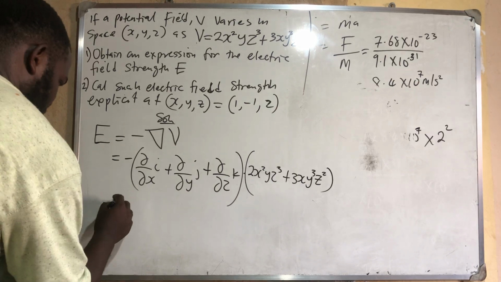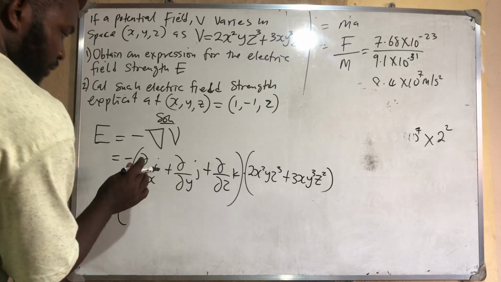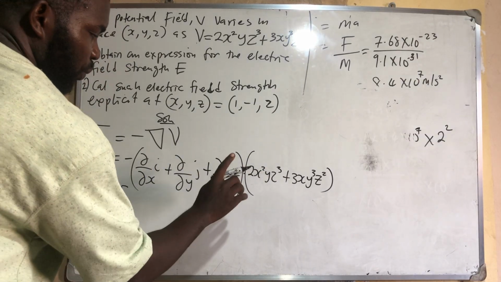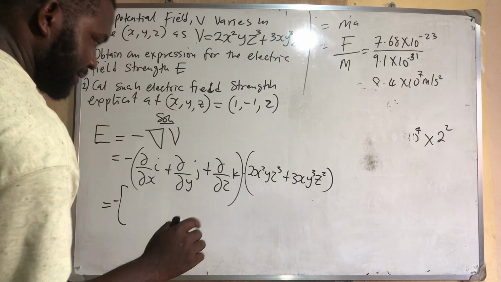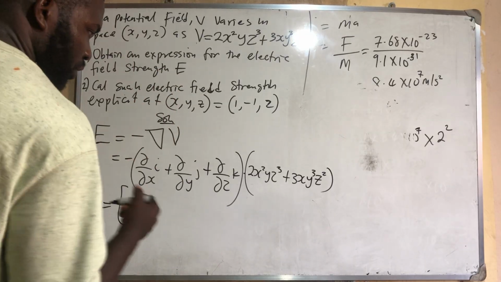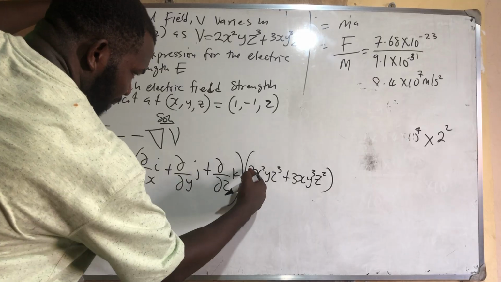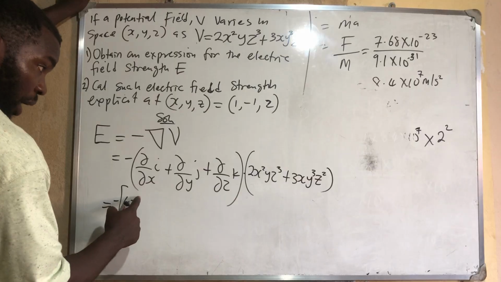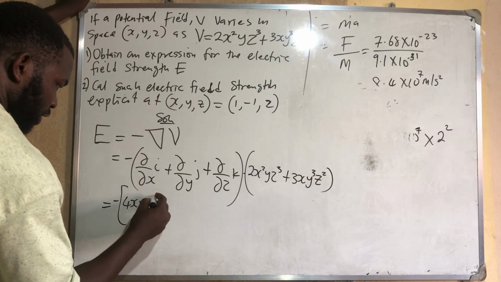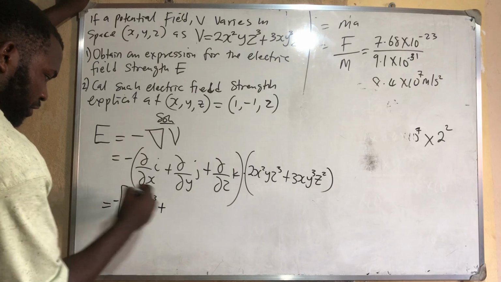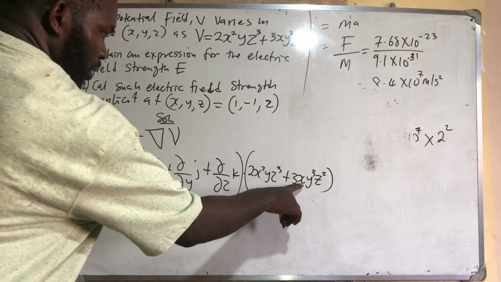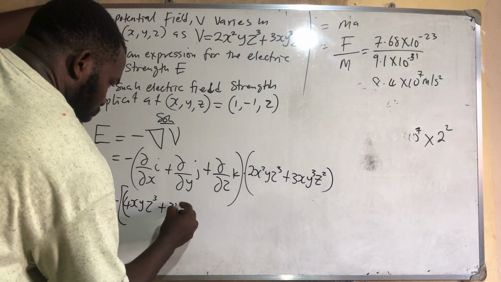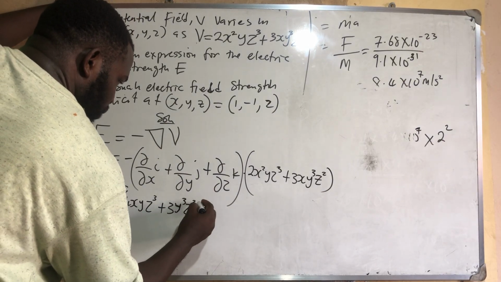So I have my minus in bracket of, differentiating only x. If we did not see x there, it means a constant. If you differentiate x, you multiply by the power and remove 1 from the power. So I have 4x, which is x raised to power 1, then you attach your yz cubed because they are all constant. Plus, differentiation of x here is 1, so 1 times everybody is the same: 3y cubed z squared.